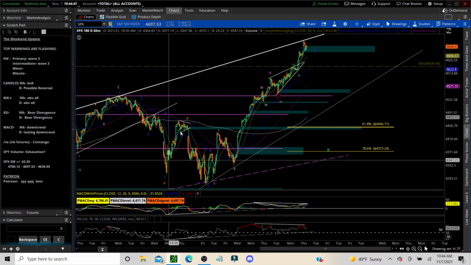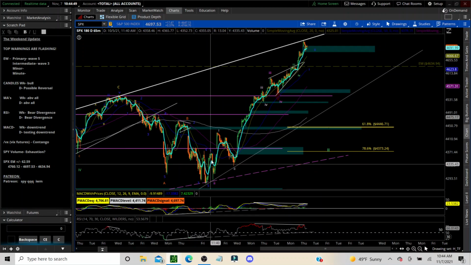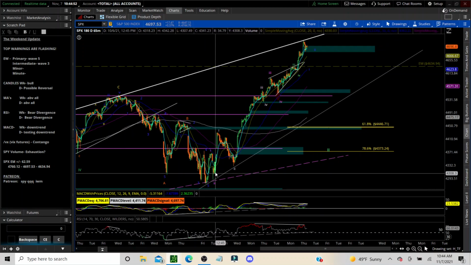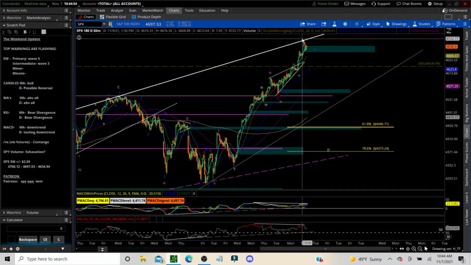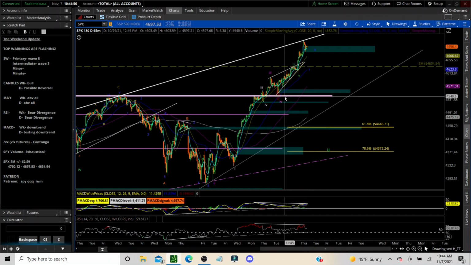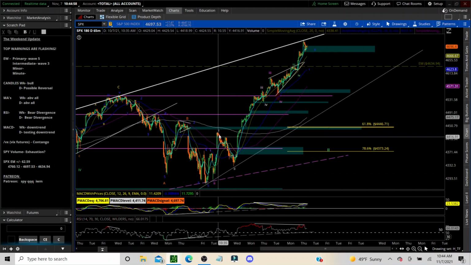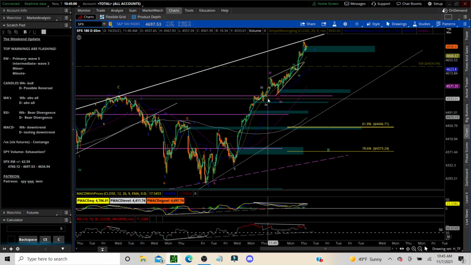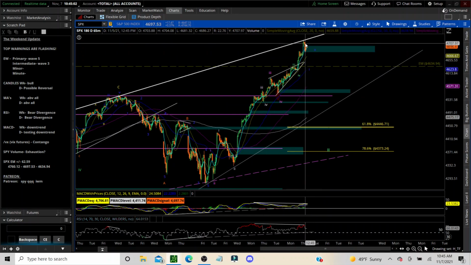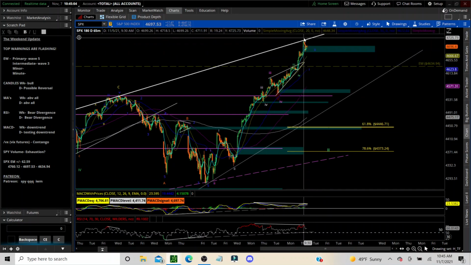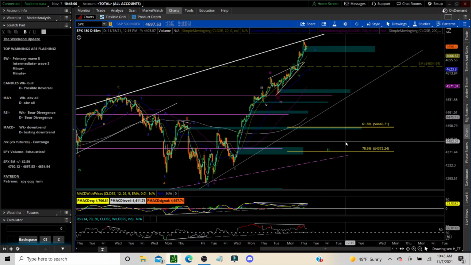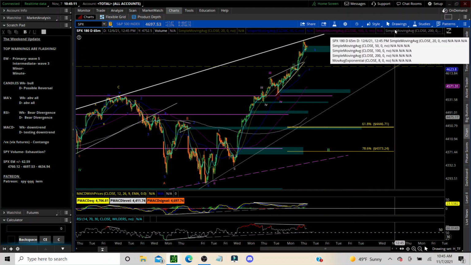We had our ABC correction so far, and then this is a possible wave count that says we're finished, and this would be the wave 1 end. So that would be 1 2 1 2 3 4 3 4 5 to end this full wave 1, and then a wave 2 might come all the way back to the golden zone before moving much higher in a wave 3.